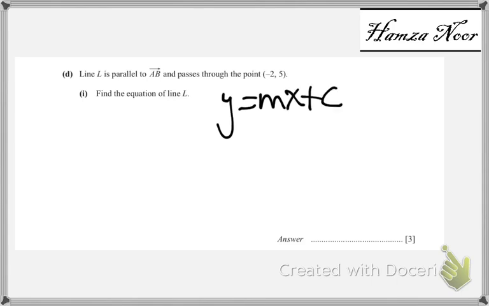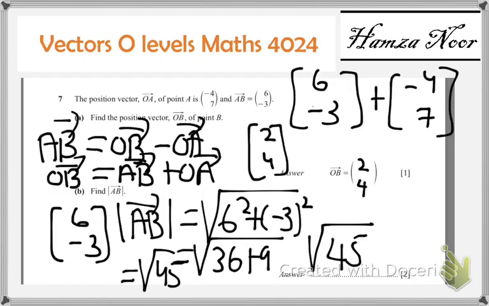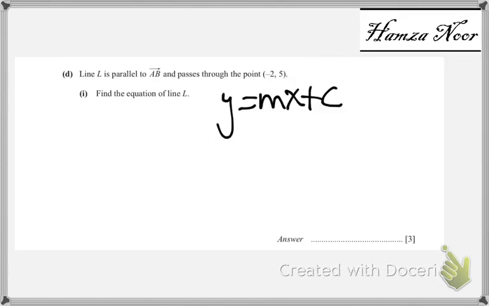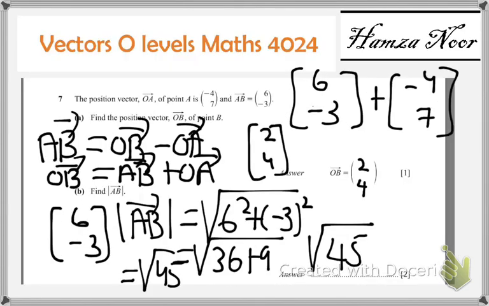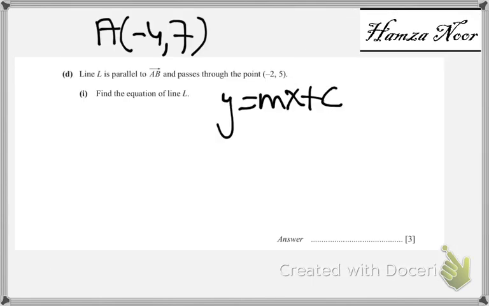It passes through the point (-2, 5). It is also parallel to AB, means the coordinates of A are (-4, 7). So vectors and coordinate geometry is mixed over here. The coordinates of point B are (2, 4).